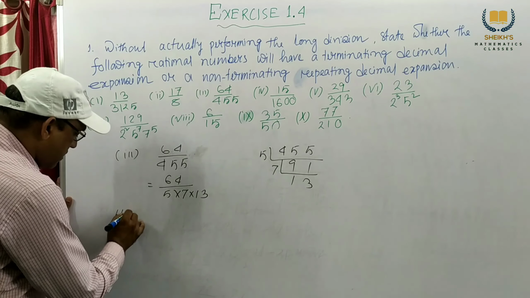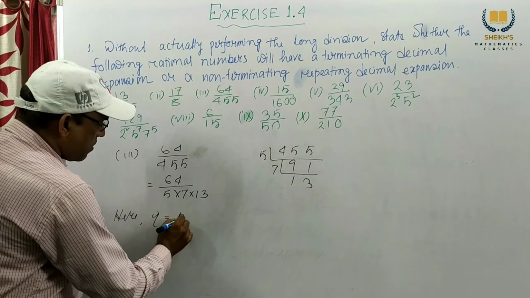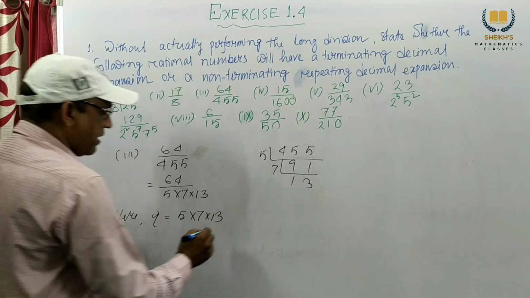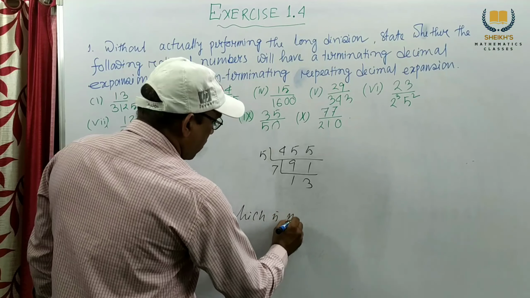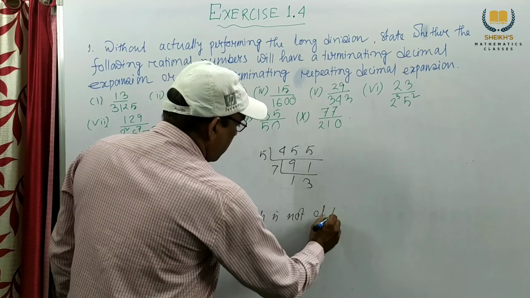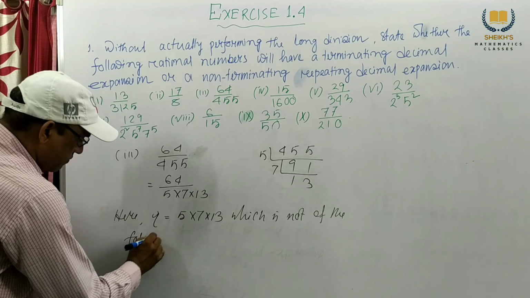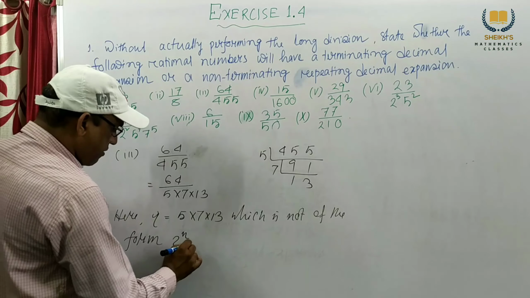Here q equals 5 into 7 into 13, which is not of the form 2 to the power n, 5 to the power m.